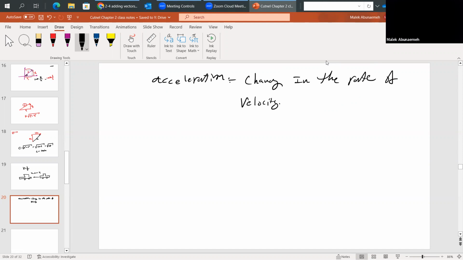Which means we're going to give you acceleration as letter A. So your acceleration means you're changing from an initial to a final velocity over a period of time.